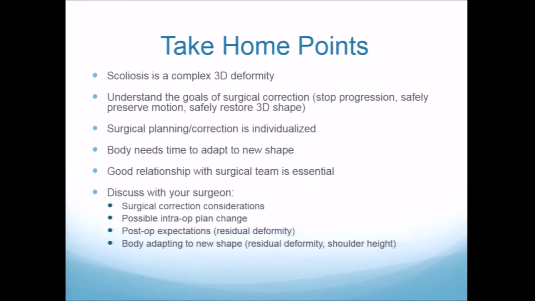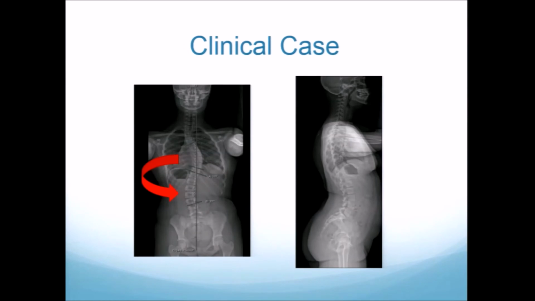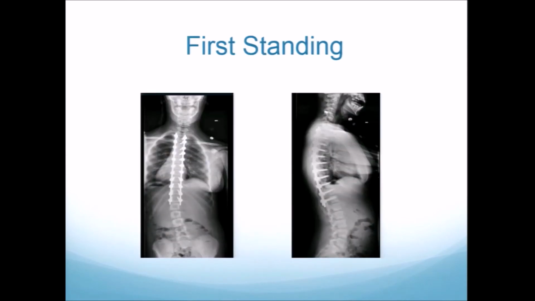I've just added a case here of a patient I had, where we had a thoracic curve and a compensatory lumbar curve, and we explained to this patient and family that we're only going to treat one of these curves and wait for the other one to get better. After surgery, they were unhappy because one shoulder was higher than the other, and we just had to wait and watch it.